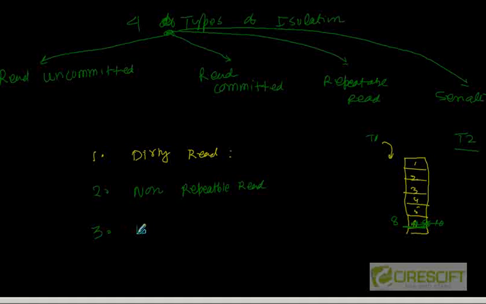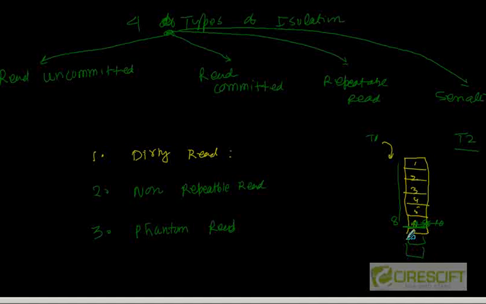And number three is called phantom read. In phantom read, it's the same as non-repeatable read, but there is a very subtle difference. In phantom read also, I'm going to see different results at different times for the same query. But in the case of phantom read, whatever data we read remains the same. That means nobody has updated anything, but somebody might have inserted some new rows.